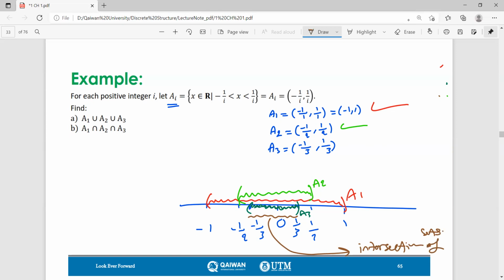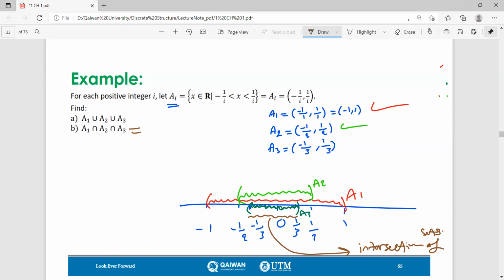This is the intersection of sets. That means A1 intersection A2 intersection A3 is the common part which is in all sets. Which interval belongs to all sets? Look, set A1 is from -1 to 1.